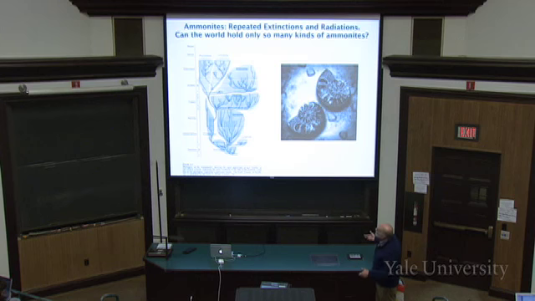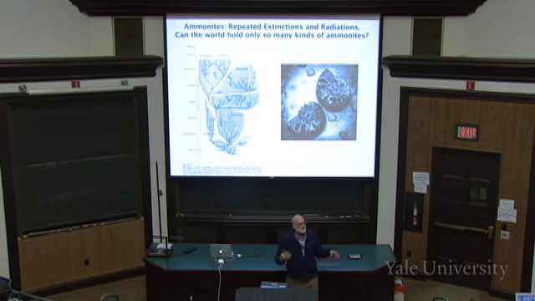If we then look at large patterns in the history of life to see what kinds of messages the fossils give us, this is one of the classical ones. This is how many different families of ammonites there were. And you can think of each of these radiations that are presented as kind of a leaf with gray coloring around it as being roughly at the level of an order.